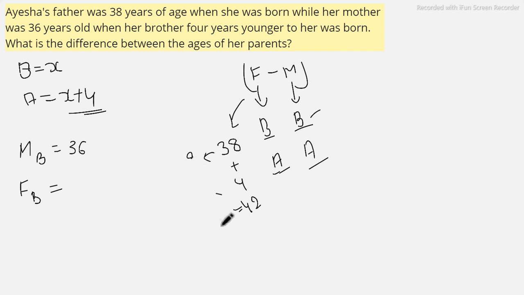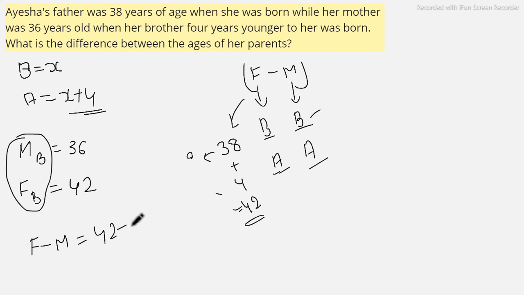So at that time, his father's age will become 42, right? Now we have the same condition, so we can find the difference. The difference between father and mother's age will be 42 minus 36, that is 6 years. This will be our answer.